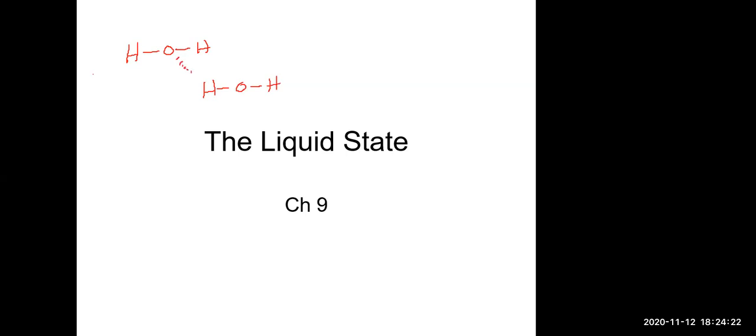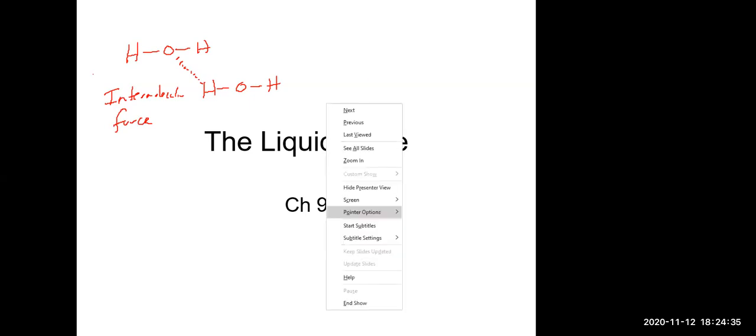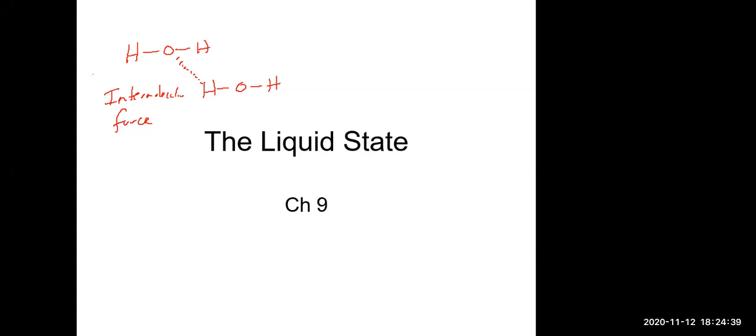So when we have this intermolecular force here, we know that it is much weaker than the intramolecular force because when we heat up something like water, for example, when we're boiling water, the first bond that breaks is actually this bond here, the bond between two individual water molecules. And what that will create is a water molecule that becomes a gas and another water molecule that becomes a gas.